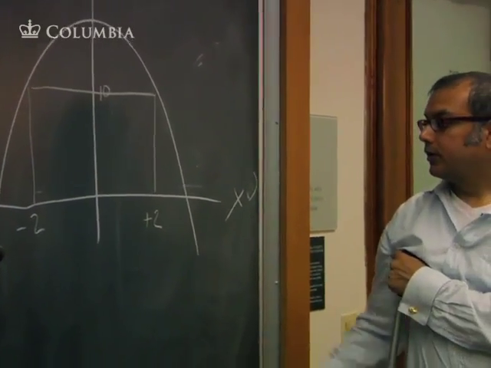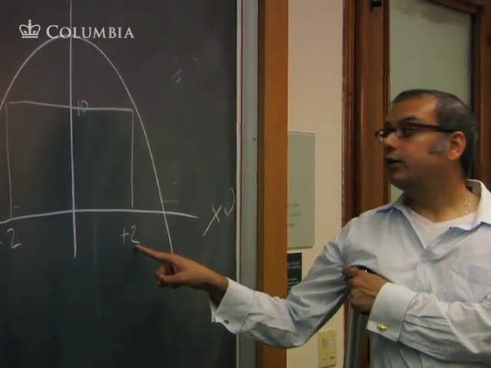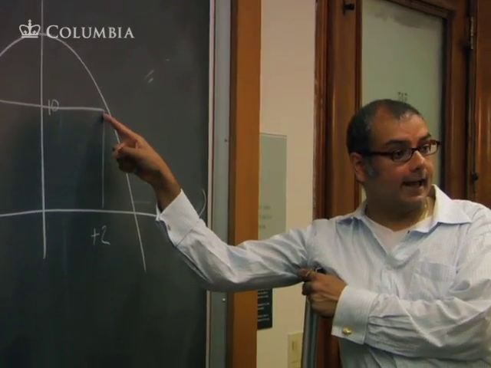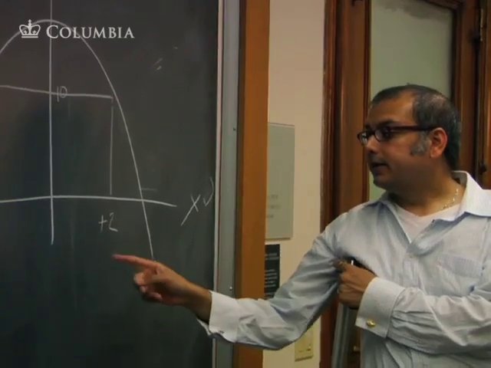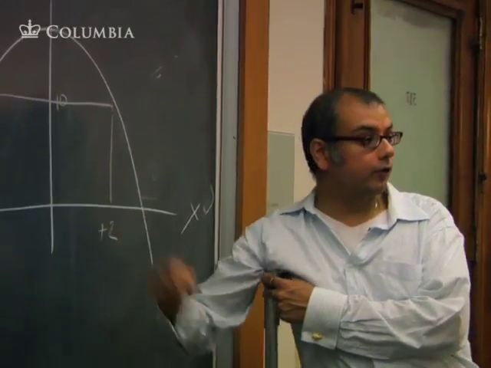So if you give me an x value of 2, I'm going to give you a y value of 10 and only 10. But if you give me another x value, I might also give you 10.